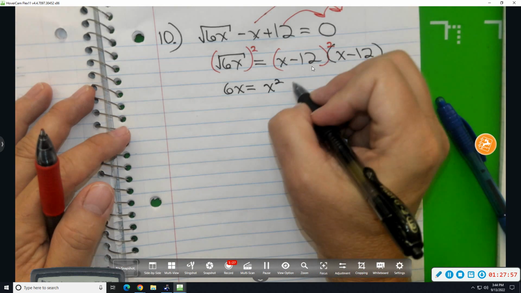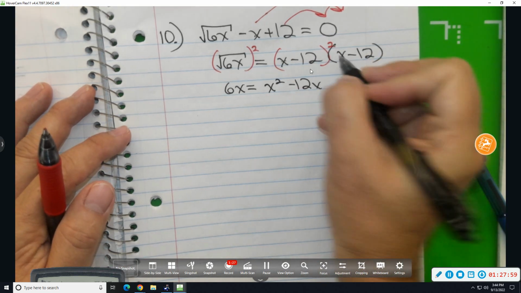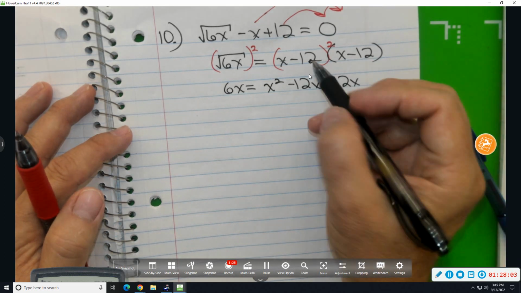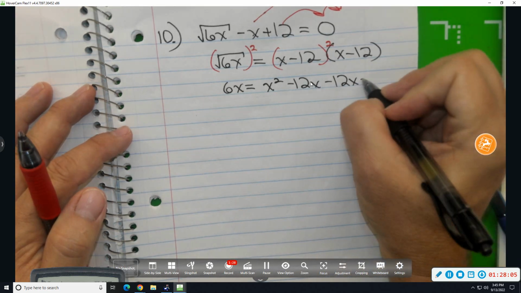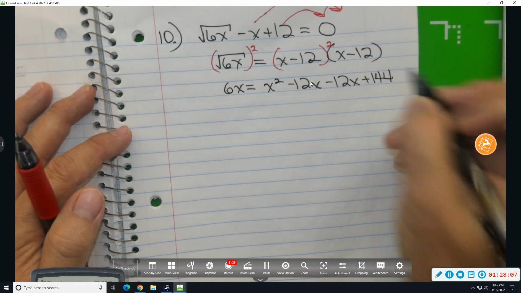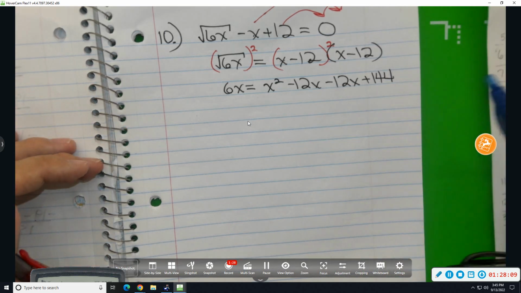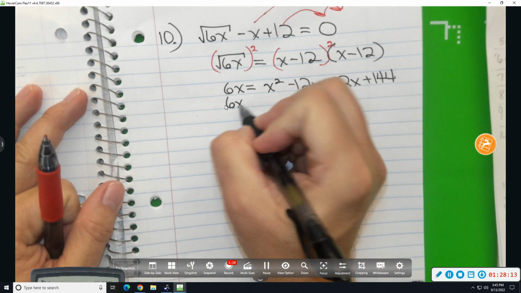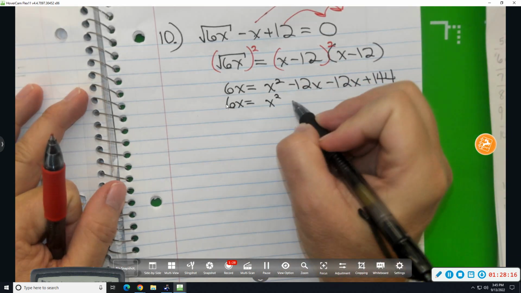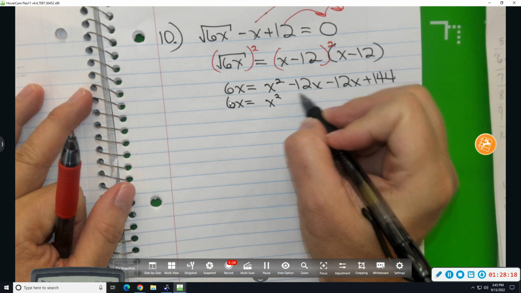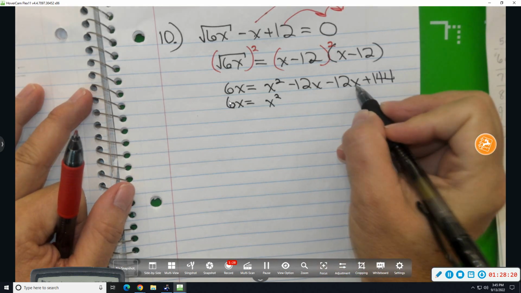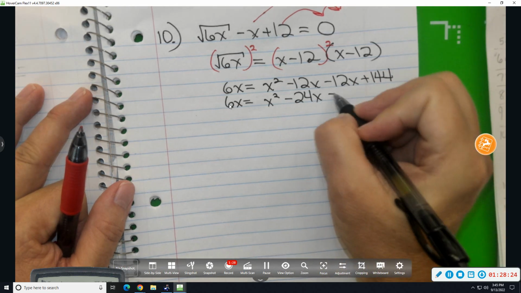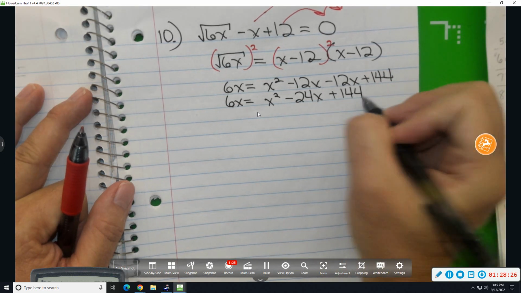Outer, negative 12x. Inner, negative 12x. Last, 144. Negative 12 times negative 12, I agree, that's a 144. And you can add the two negatives, so the x squared minus 24x. Negative 12x minus 12x, I agree, is a negative 24x. And we still have that plus 144.